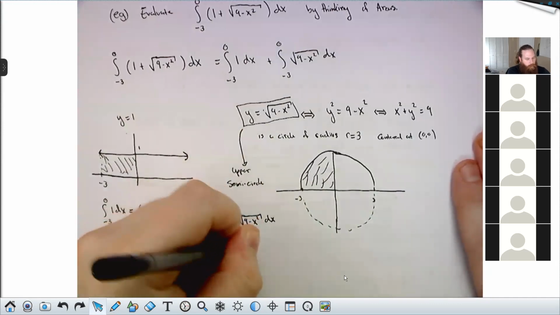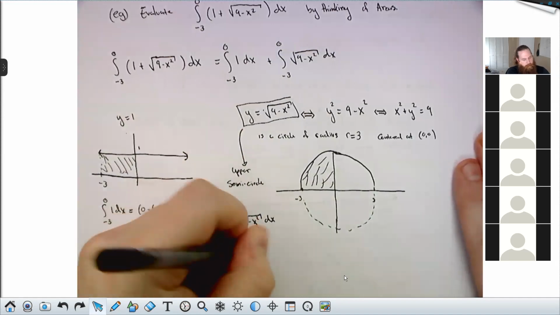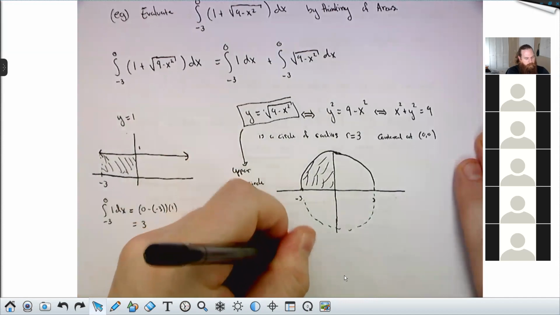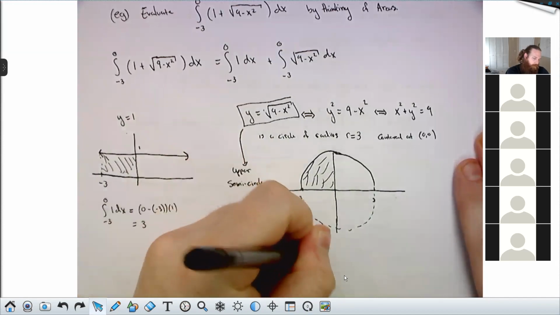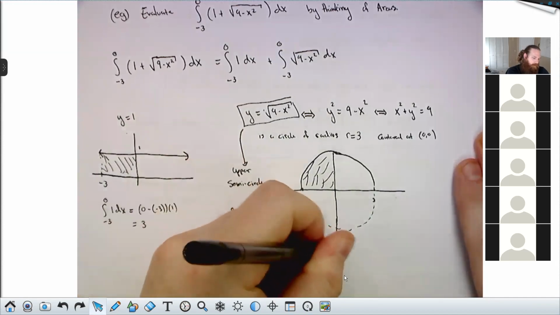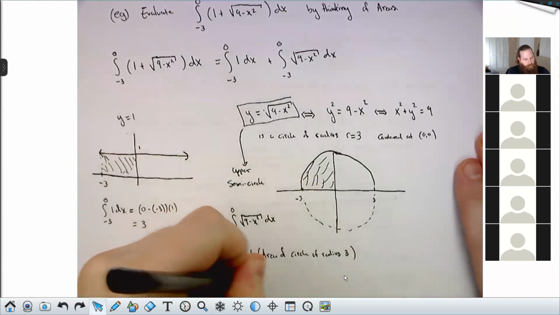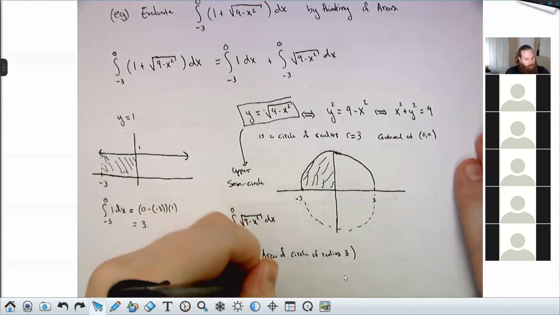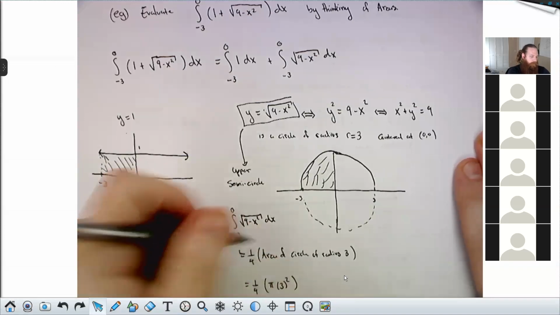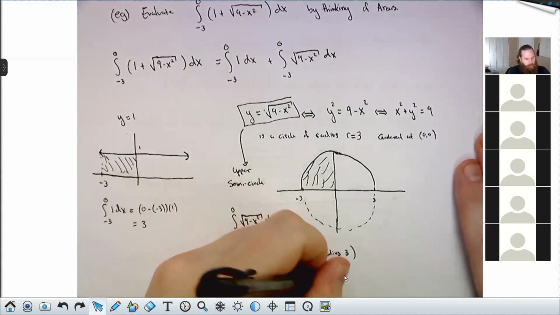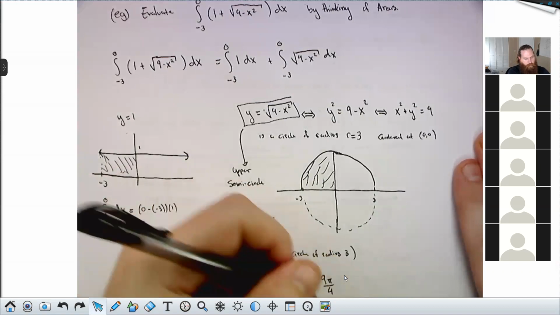So that's 1/4 of the area of a circle of radius 3, which is 1/4 of pi times 3 squared. In other words, this is 9 pi over 4.